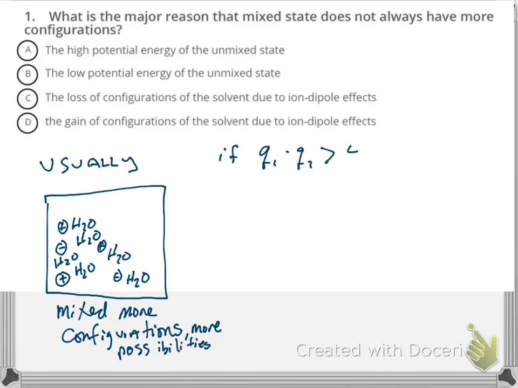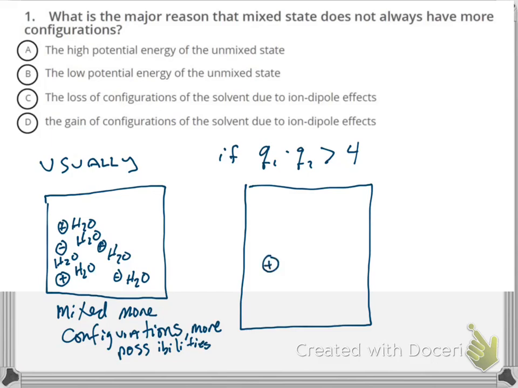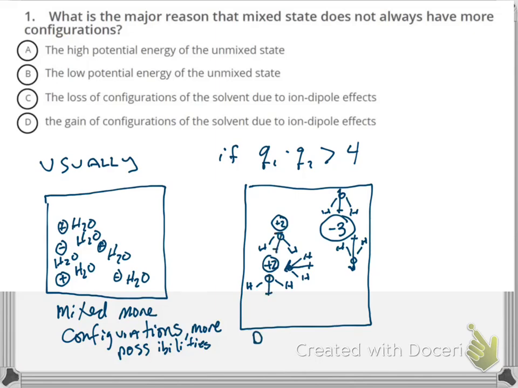If Q1 times Q2, so the charges now, instead of being +1 and -1, or +2 and -1, multiply together and give you a number greater than 4, what happens is water will organize around it through its dipole. And so I'm going to show that here. So the dipoles for water, remember these are the partial positive charges and partial negative charges, they organize around the charges.